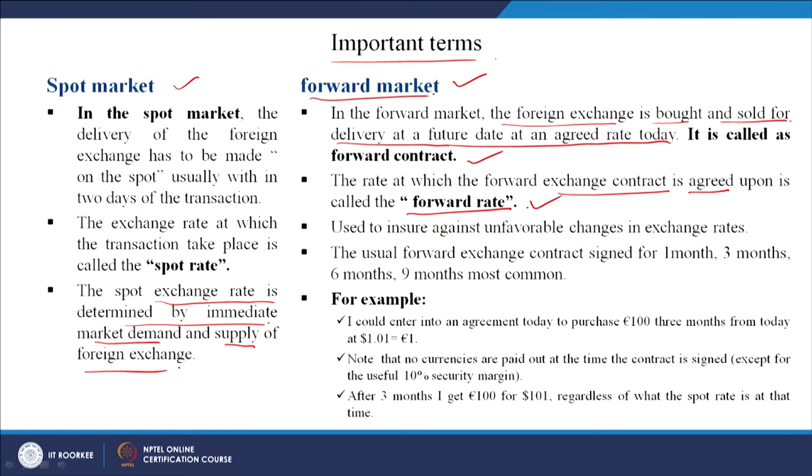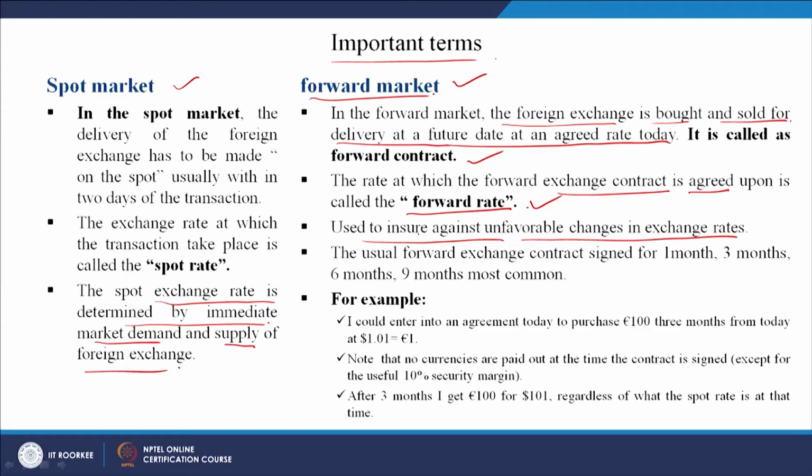To do that, we use these forward rates. It is used to ensure against unfavorable changes in the exchange rate. If it is a favorable exchange rate, everybody will be happy, but what if it is unfavorable, the entire business may go bankrupt. So, the usual forward exchange rate is signed for 1 month, 3 months, 6 months, 9 months, which is most common.